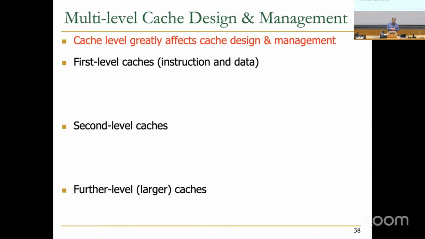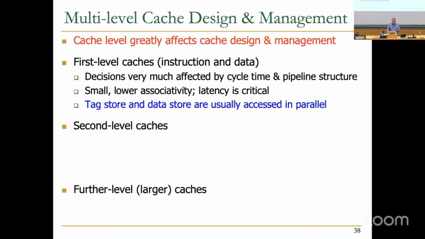Also, people use fast transistors, fast SRAM, because you can use different technology for transistors. Also, you can have different ways of implementing SRAM that can have different latencies. For L1 cache, people try to have it as fast as possible, and that's the main reason for them. So decisions are very much affected by cycle time and pipeline structure.